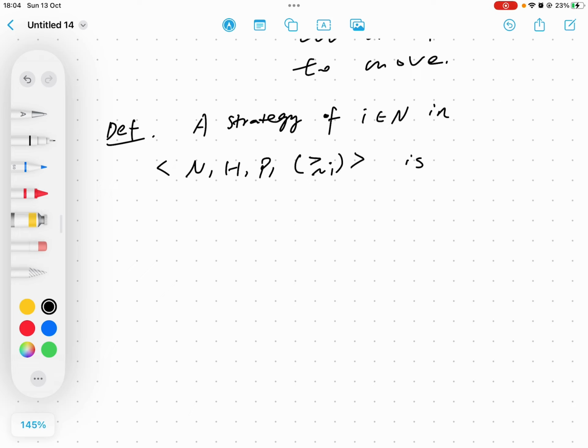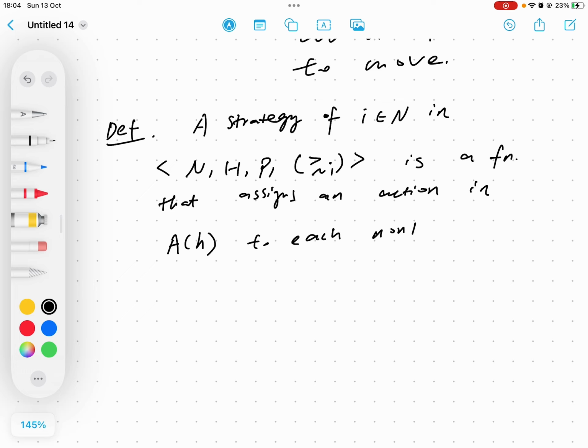Okay, so a strategy is a function that assigns an action in A(h) after some history to each non-terminal history h, excluding the terminal, right? Non-terminal history.